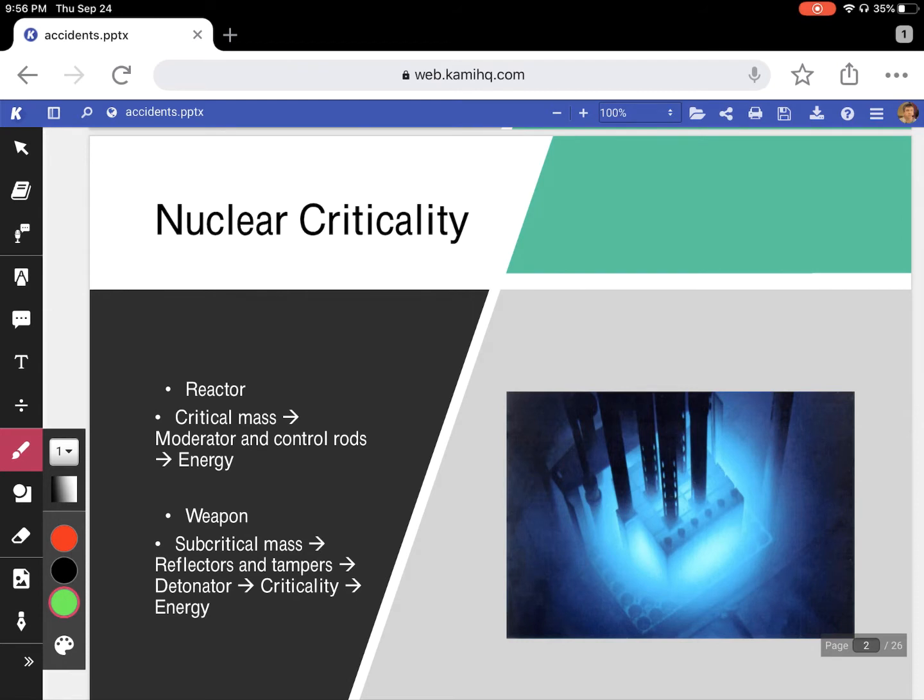You detonate it, and through reflecting the energy of that detonation, it squeezes the subcritical mass to reach criticality, and then boom, mushroom cloud, bomb goes off. If, however, you can control that reaction, you can allow the chain reaction to go at a steady pace instead of multiplying and exponentially increasing.